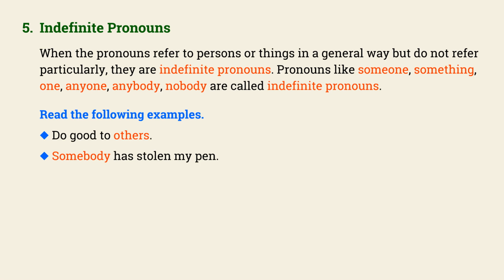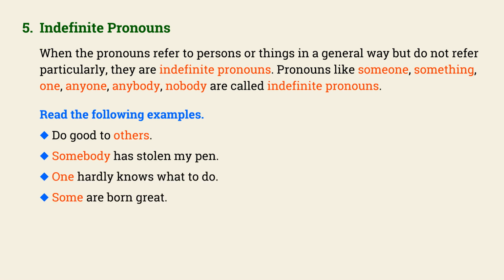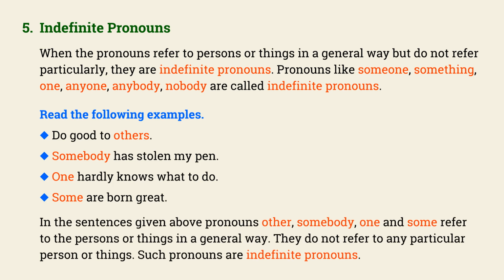Somebody has stolen my pen. One hardly knows what to do. Some are born great. In the sentences given above, pronouns others, somebody, one and some refer to the persons or things in a general way. They do not refer to any particular person or things. Such pronouns are indefinite pronouns.